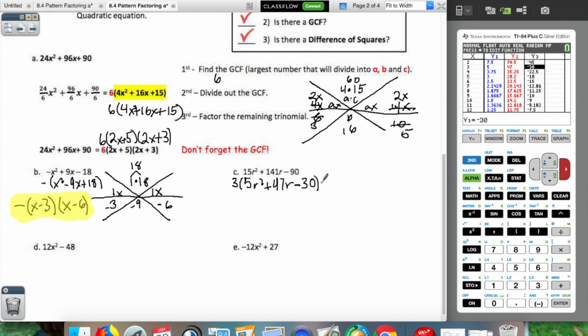So now that we have that, let's see. Is this a difference of squares? No, it's not, because there's not 2 terms. There's 3 terms. Is it a perfect square trinomial? No, because 5 is not a perfect square and neither is 30. So now we just got to move into our snowflake, our lovely, lovely snowflake.